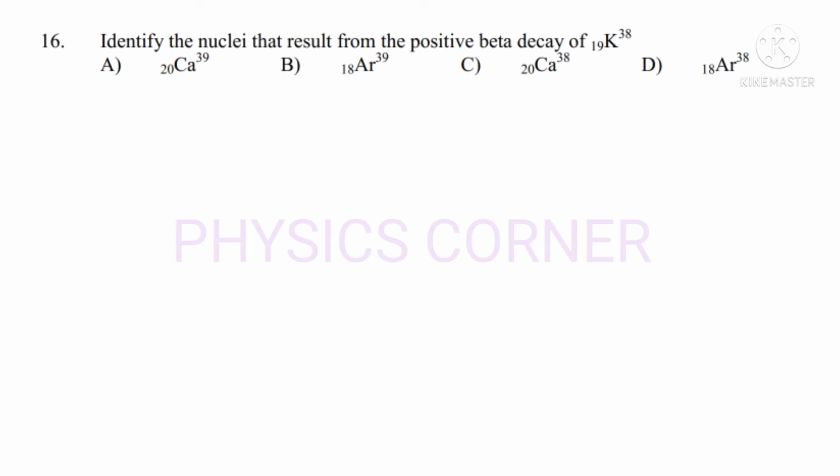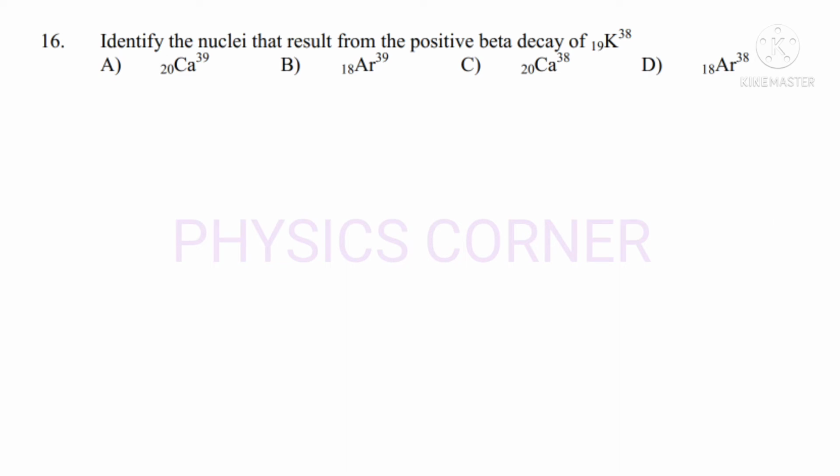So here what we have to understand is that the atomic number of the parent nucleus will be reduced by 1, and the mass number does not change, because the proton is converted into a neutron, right?